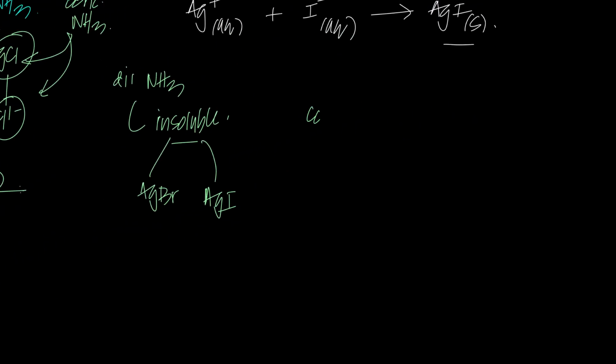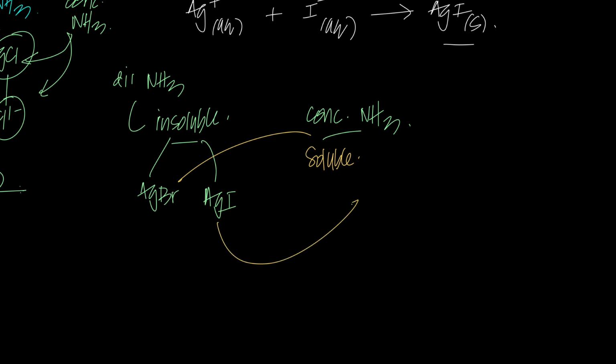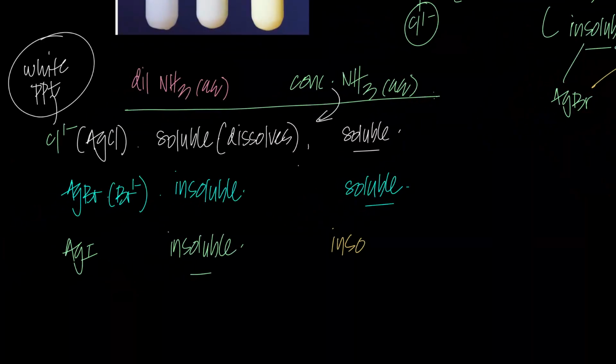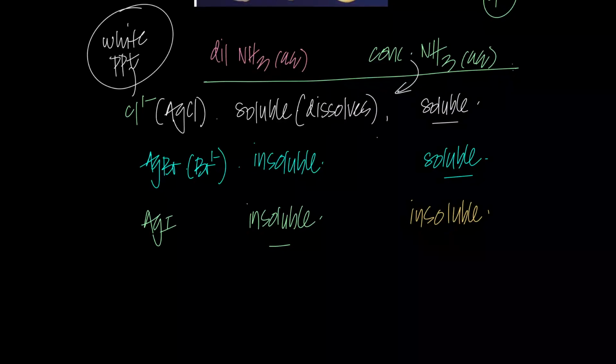But remember, the moment I add conc ammonia, do you know what happens? The silver bromide, obviously, if it's silver bromide, it's going to dissolve, aka it's soluble. And if it's silver iodide, it's insoluble, which means it doesn't dissolve. So if the precipitate remains even after conc ammonia, that means you had silver iodide present.